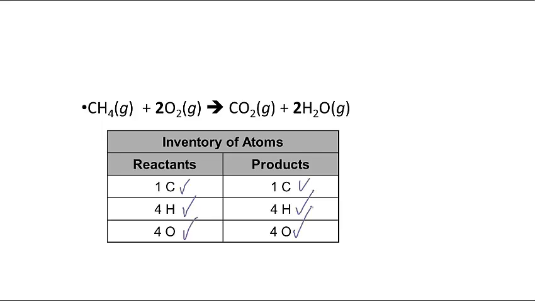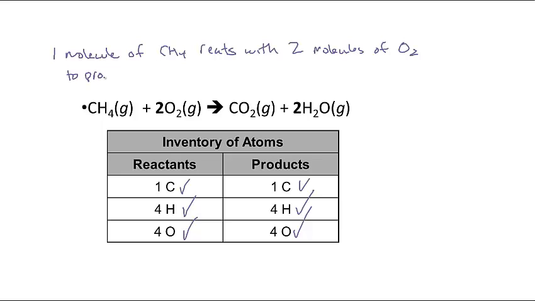So now my balanced chemical equation tells me, if I wanted to read this out as a sentence, I have 1 molecule of CH4 reacts with 2 molecules of O2 to produce 1 molecule of CO2 and 2 molecules of H2O.